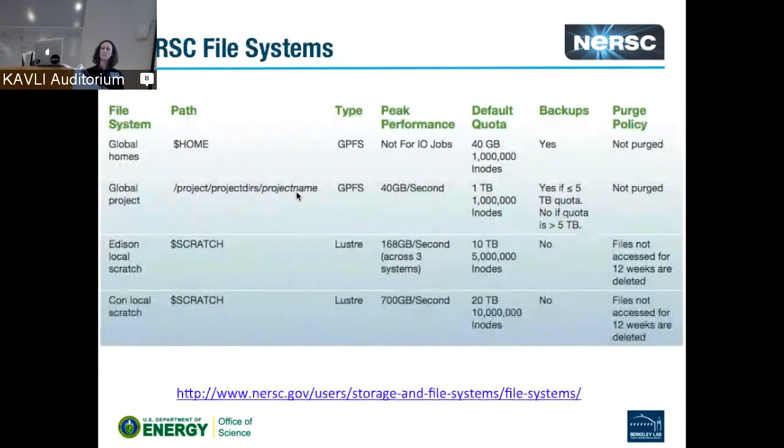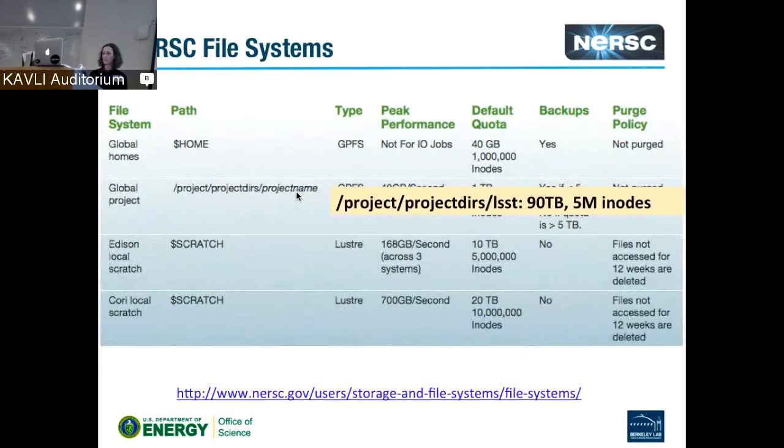So the file systems, this is simply taken from this web page on our NERSC web pages. I want to go through a couple of details of these. One is that there are several different types of file system. The one that you see when you log in is your home directory, and that's 40 gigabytes of quota and 1 million inodes, and that's basically unchangeable.